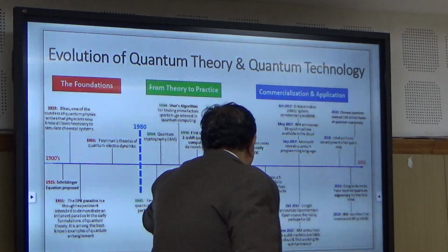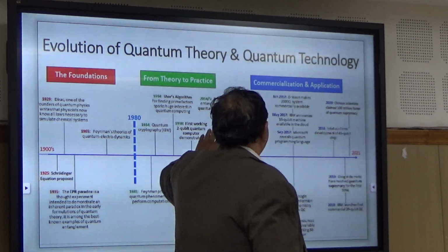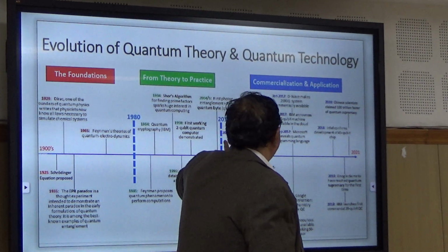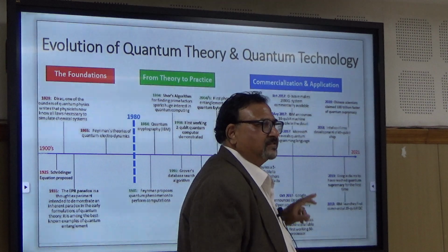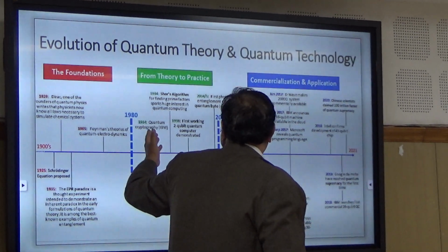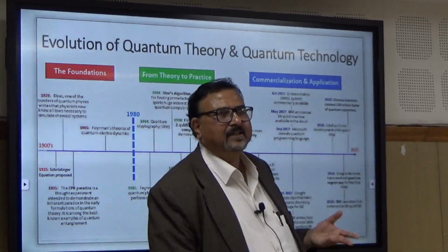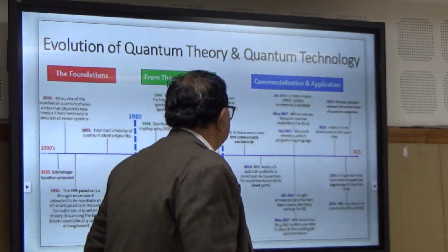During that period Shor's algorithm was grown, and then with photons, 2010 and onwards, people actually started working on this system. In 1982, 84, Feynman was alive, and he gave the model of the quantum computer.